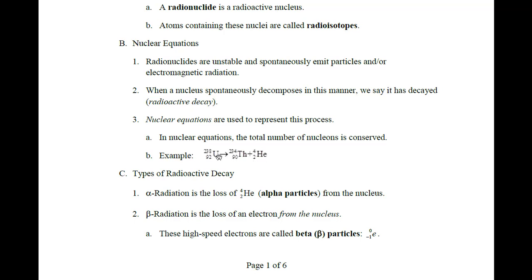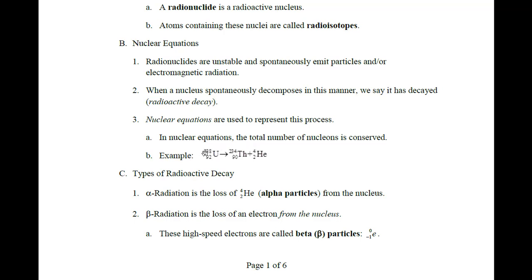So as you can see, the element, because it loses 2 protons, goes from 92 to 90, which is thorium, and it's going to lose a mass of 4 because there's 2 protons, 2 neutrons, each having a mass of 1 AMU. So this is one common kind of decay where you eject from the nucleus a helium core. And so then that reduces the atomic number by 2 and the mass by 4.